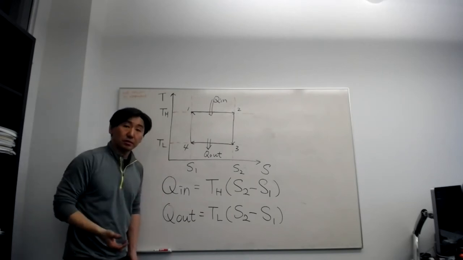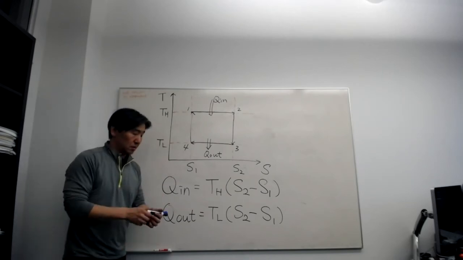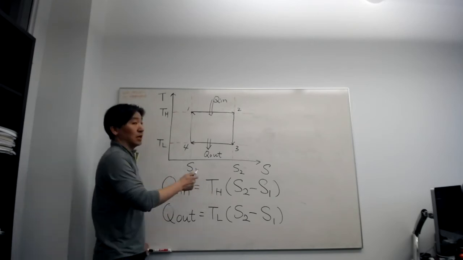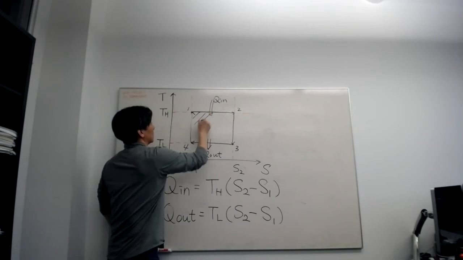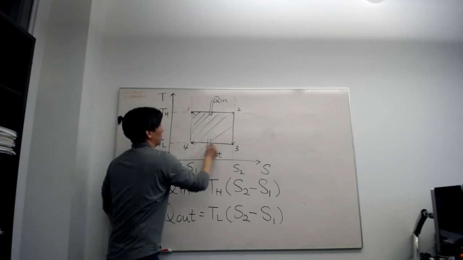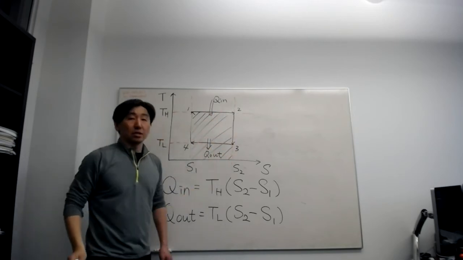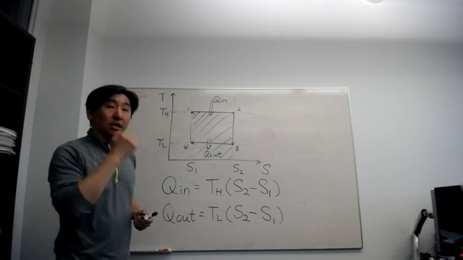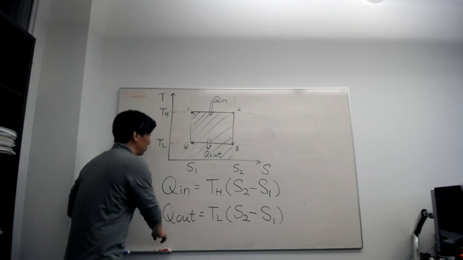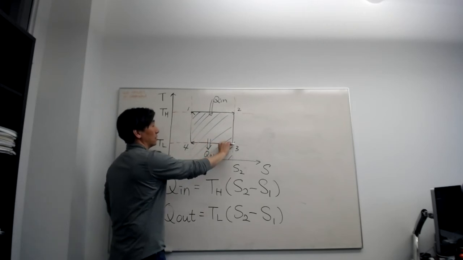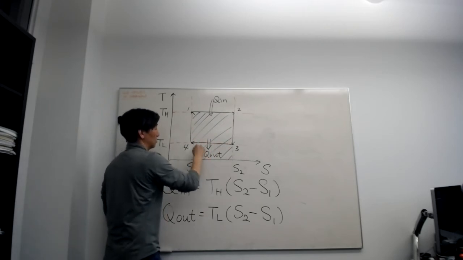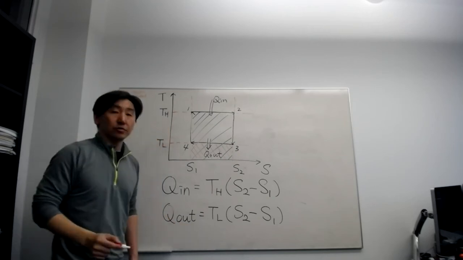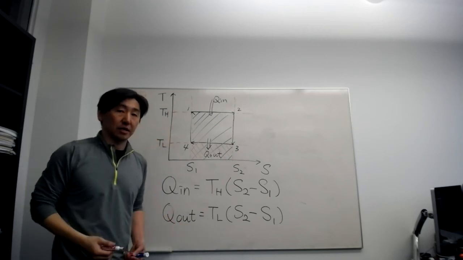What do you think? Graphically speaking, this equation gives us the entire area under the process 1 to 2 as the amount of heat input. Compared to that, the amount of heat rejection is the area underneath the curve from 3 to 4. So this is the amount of heat rejection in this Carnot cycle.